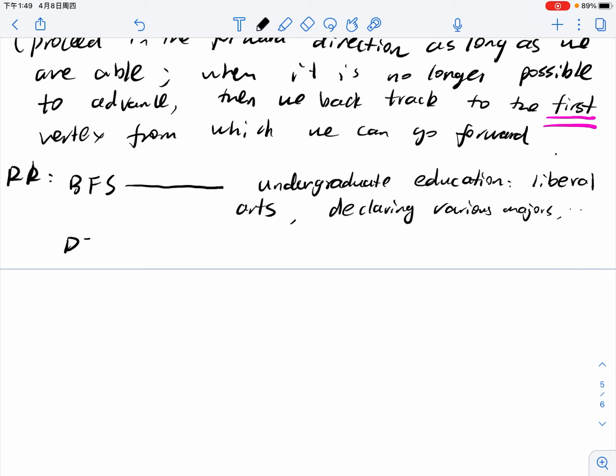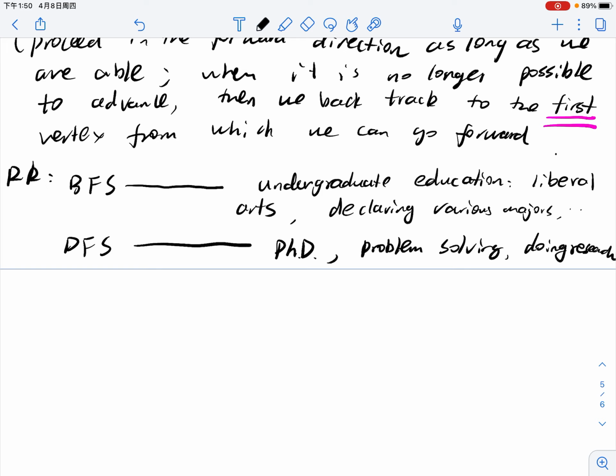But what is DFS? DFS is like PhD study or problem solving, doing research. You need to get into the problem deeper and deeper, and when you're stuck, you need to get the nearest way to do the detour. Okay.